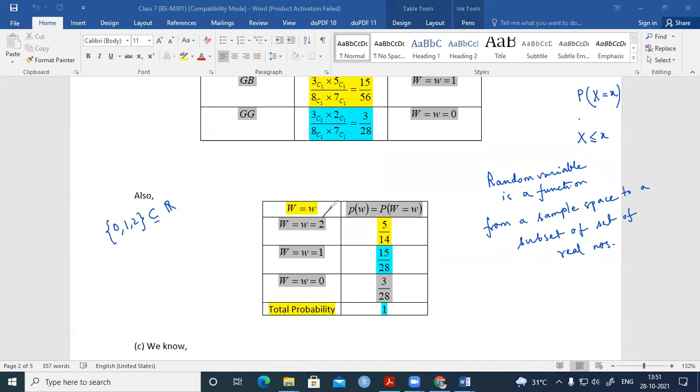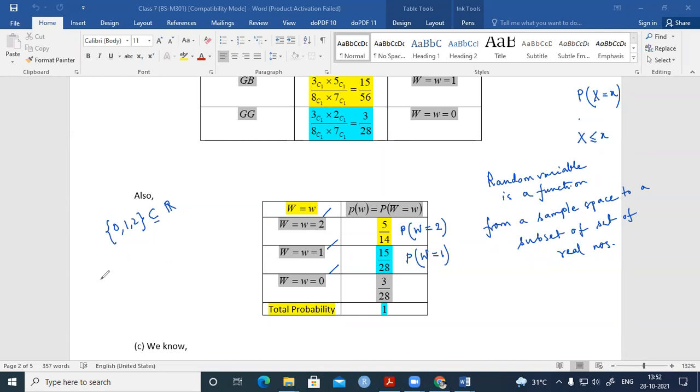We have counted all the random variables here. Possible values are 2, 1, 0. And the respective probabilities have been calculated, which for 2 is 5 by 14. That means when the capital W is having the value 2, the probability is 5 by 14. When the capital W is having the value 1, it is coming as 15 by 28.